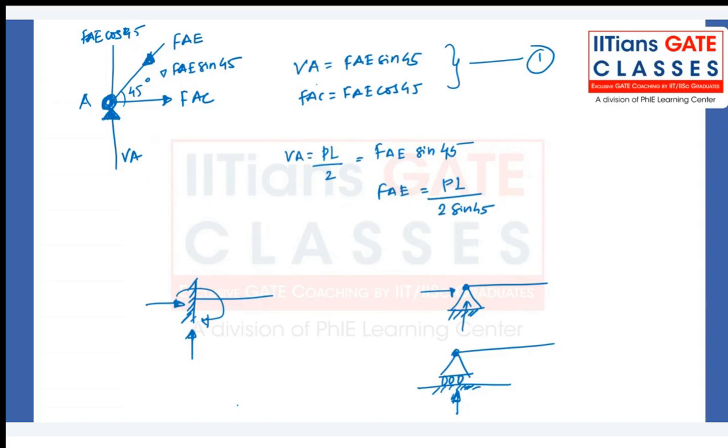Coming back to another doubt of Srijana, how to consider PL. Srijana, whenever you are considering a uniformly distributed load, if they say P per unit length, then it is equivalent to a load of P multiplied by L acting at the center of the length.